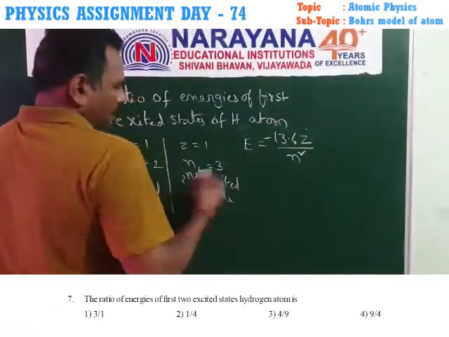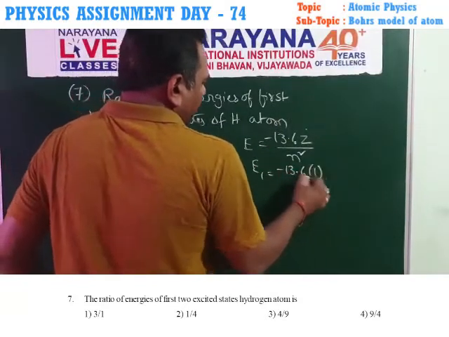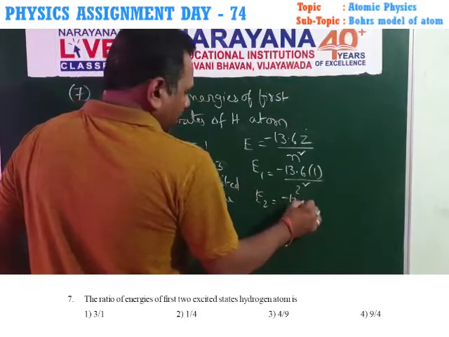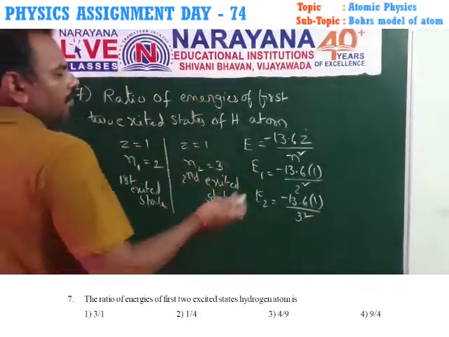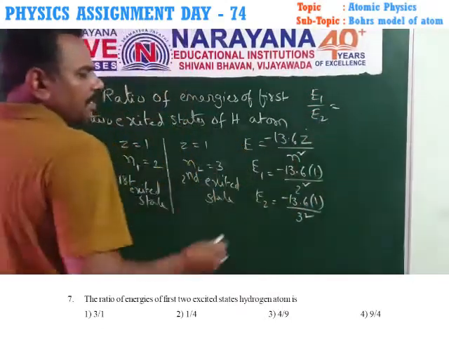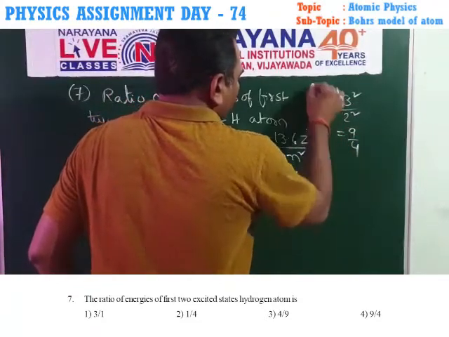The first excited state E1 is equal to minus 13.6 into 1 by 2 square. E2 is equal to minus 13.6 into 1 by 3 square only. So ratio of energy levels E1 by E2, so I am reversing it, 3 square by 2 square, which is equal to 9 by 4.